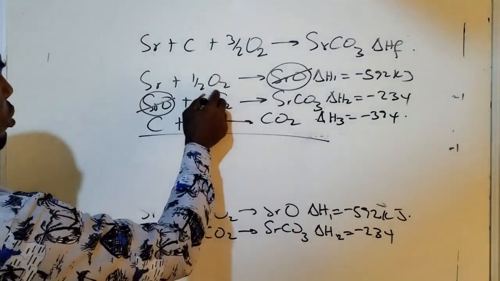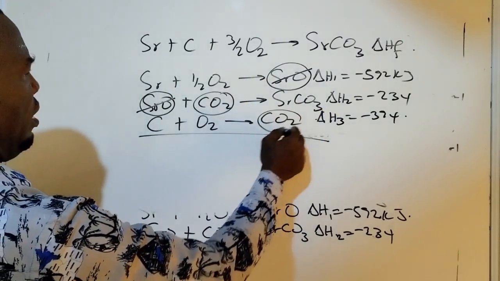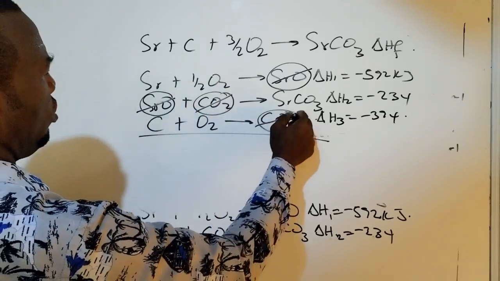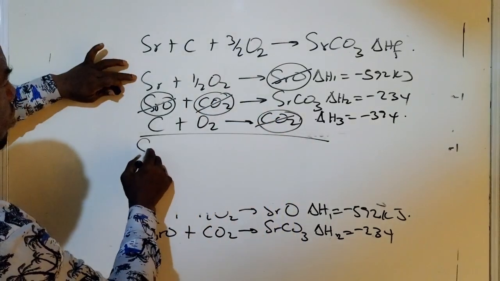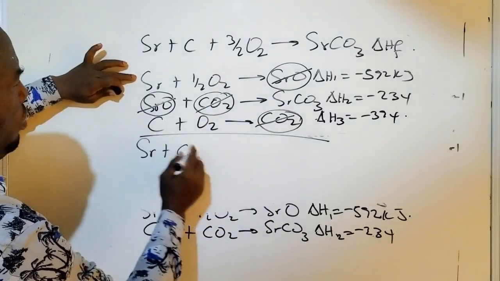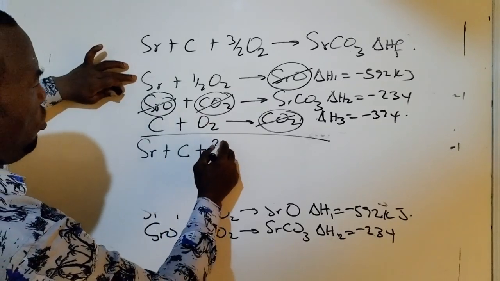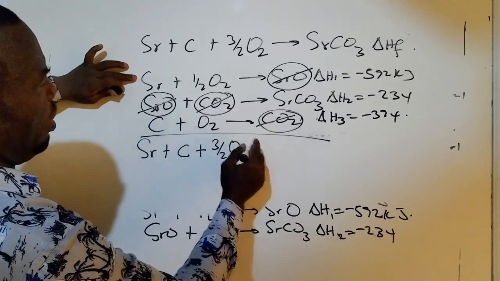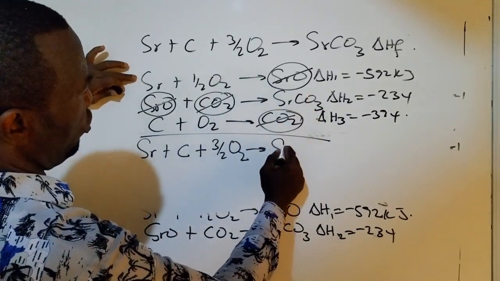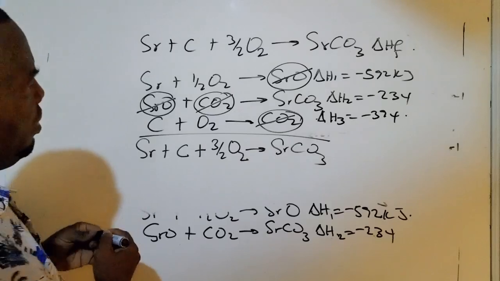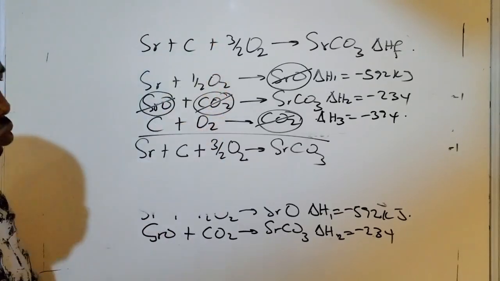Look at CO2 here and also there. They cancel out. You are now left with strontium plus carbon, half plus 1 is 1.5, which is 3/2 oxygen, giving us the remaining strontium carbonate. So this equation is exactly the overall equation.